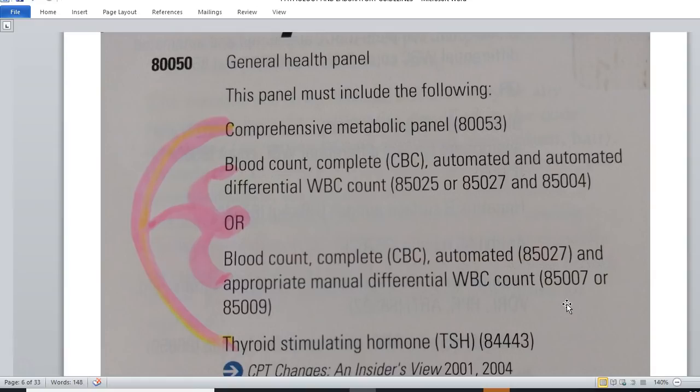So this is an either or. A lot of times we don't get this until after they've run the test. After they've run the test, they're going to tell us whether they did an automated or a manual differential. We'll see this a couple of times, including in the obstetrics panel coming up, because it depends on what we're looking for.